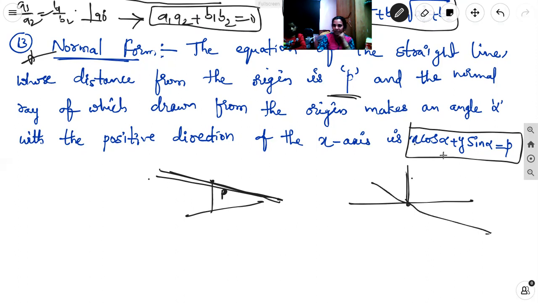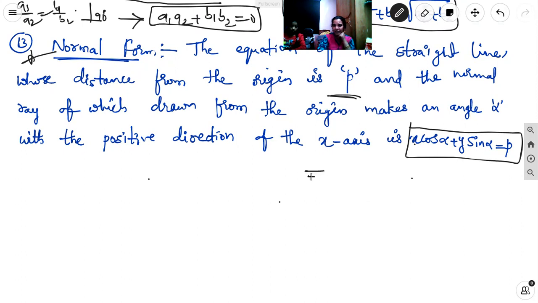Okay, you should remember x cos alpha plus y sin alpha equal to small p. This is very, very important.